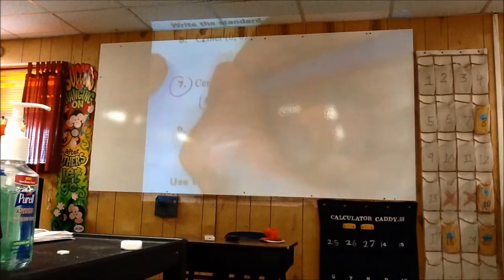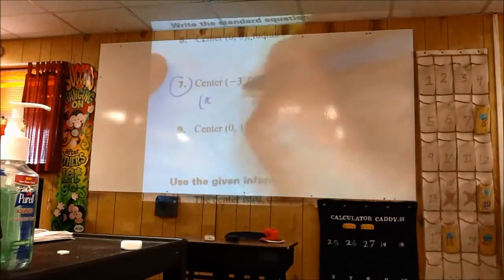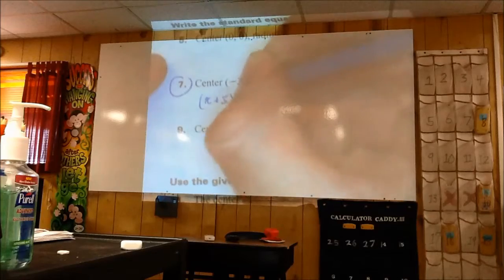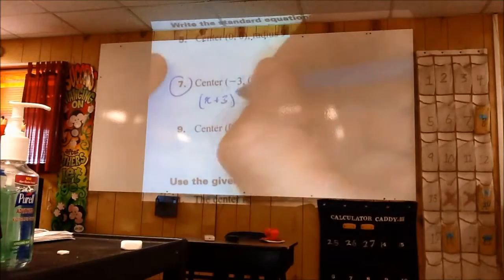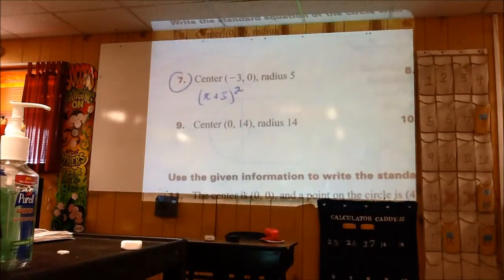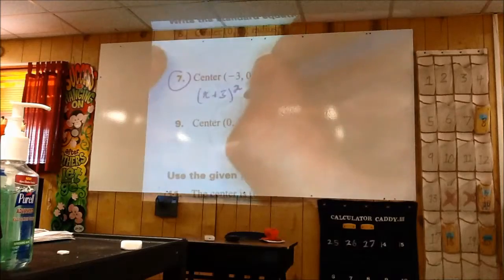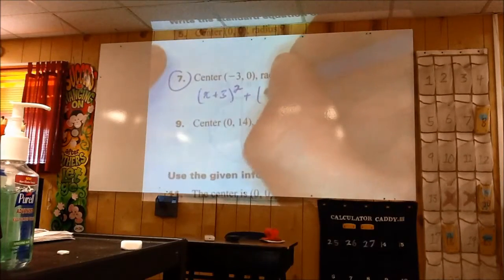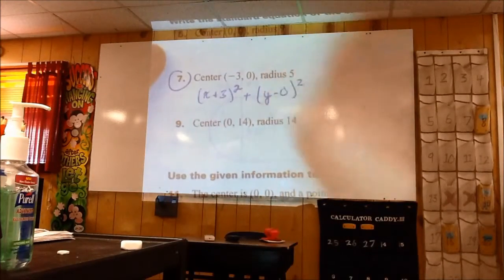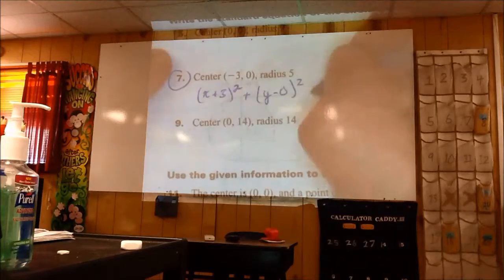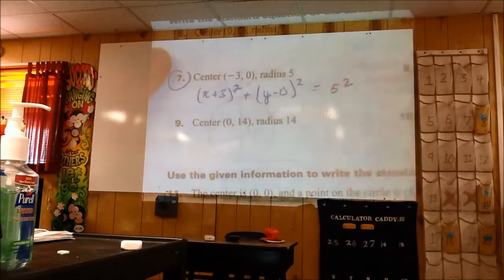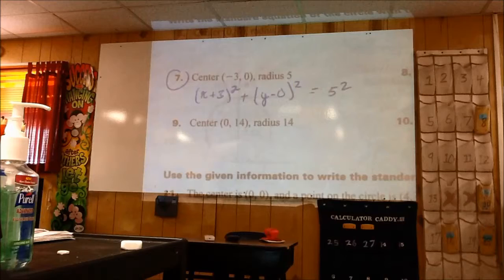So in that first set of parentheses, it's going to be x what? Plus 3. Because you're subtracting a negative 3. When you subtract a negative number, that's like adding. So it's going to be x plus 3, quantity squared, plus y minus 0, quantity squared, is equal to 5 squared. Just plug in these values.